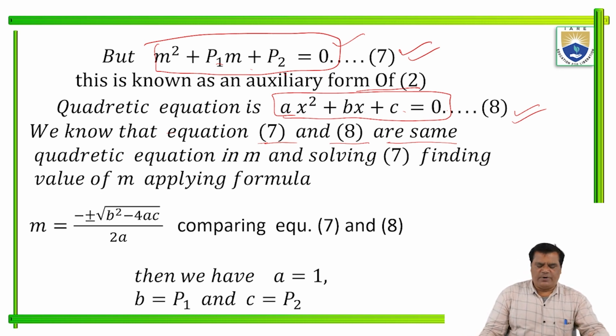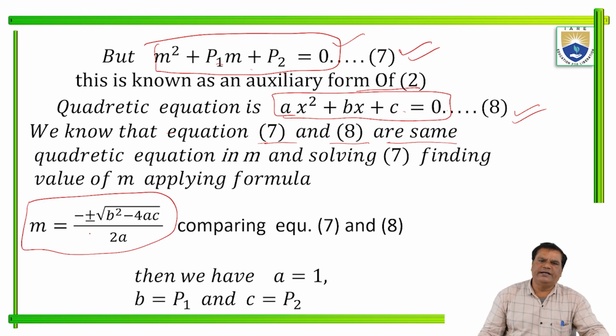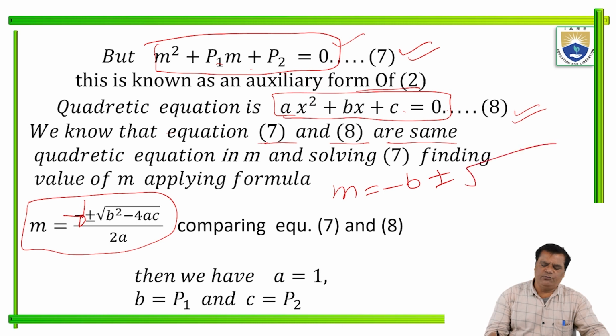That is Shridharacharya's formula. We are using Shridharacharya's formula here. Shridharacharya is a very famous mathematician who gave the solution of a quadratic equation, a second degree equation. After making a perfect square, he found the solution of the quadratic equation: m equal to minus b plus minus under root b square minus 4ac, upon 2a.